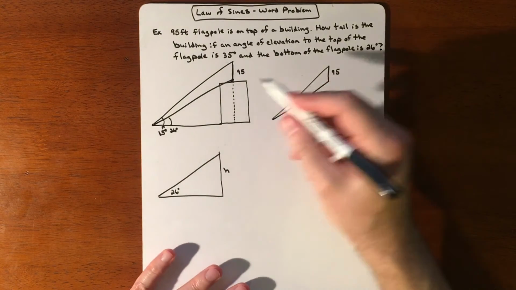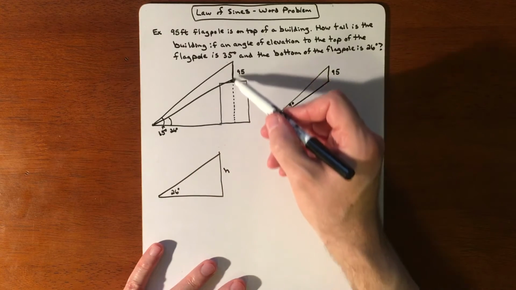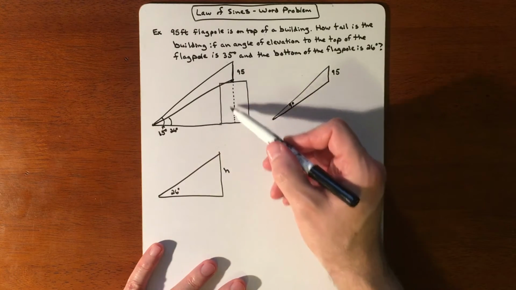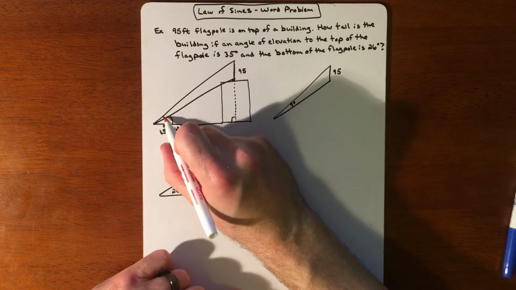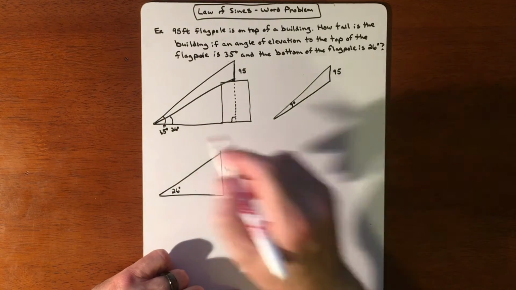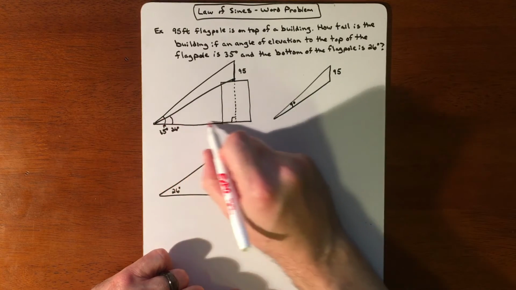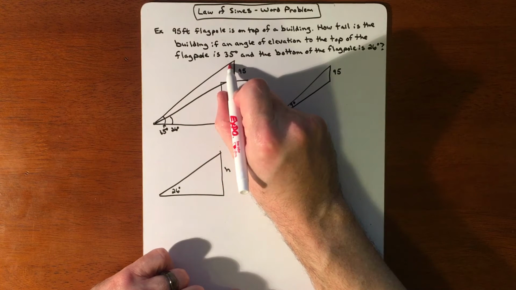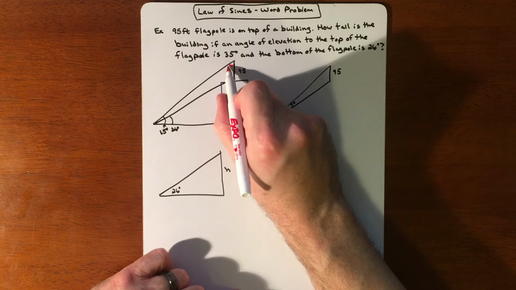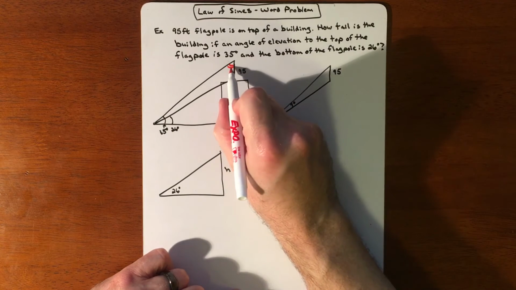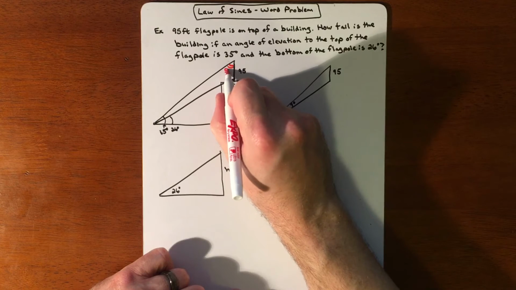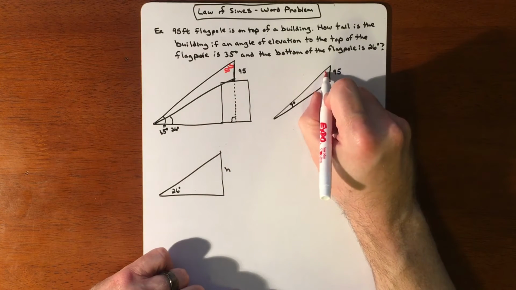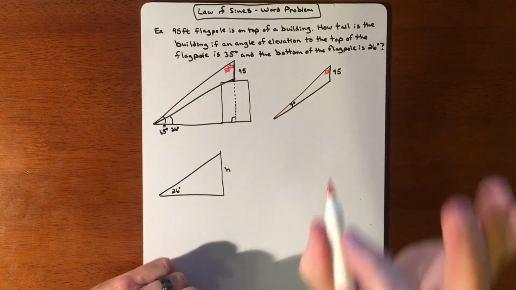Because if you go back to the overall big triangle, this is a right triangle and this angle is 35, so this angle right there is going to be 180 minus 90 minus 35, which puts it at 55 degrees. So that little top angle is 55 degrees, which is perfect.